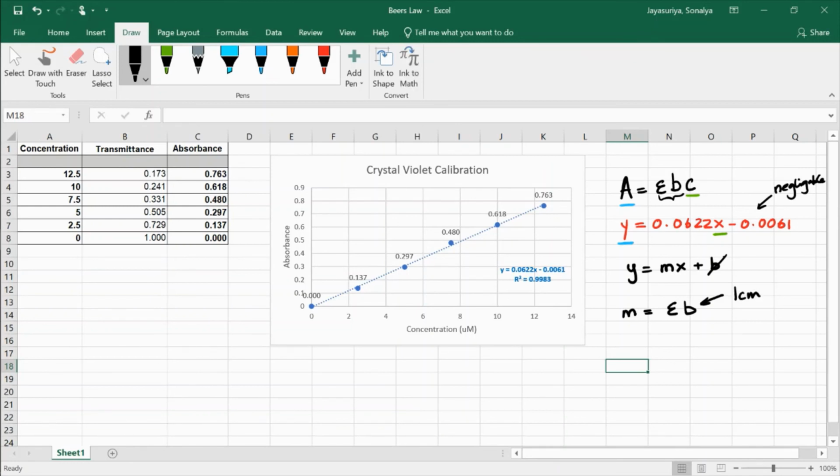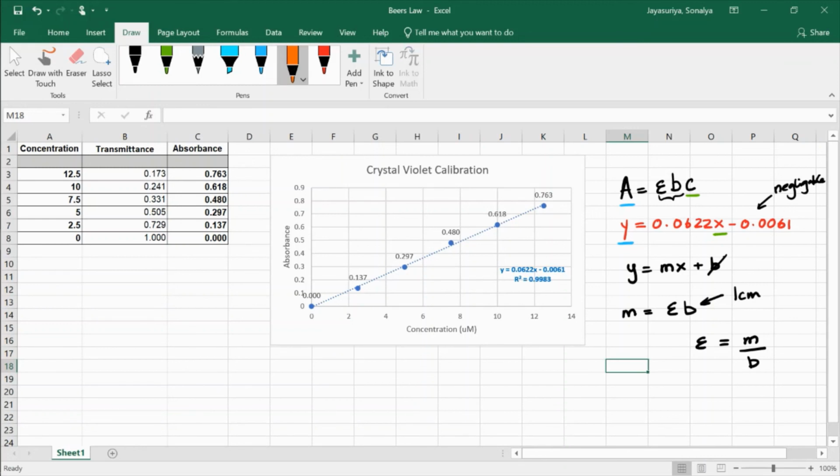The width of the cuvette is always 1 centimeter, okay? Which means that you can calculate epsilon by dividing the slope by the path length. But since the path length is always 1, the slope is just equal to your molar absorptivity constant, okay?